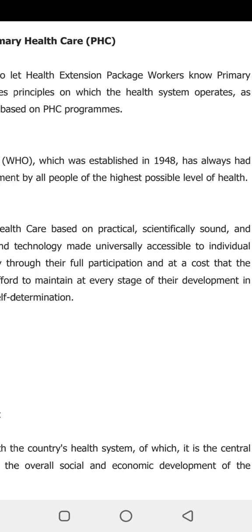And in this definition, we have some of the keywords that we need to note. Words like essential, meaning that it's a necessity. It is something which must be done. And practical, hands-on activities. And it must be acceptable in the society.